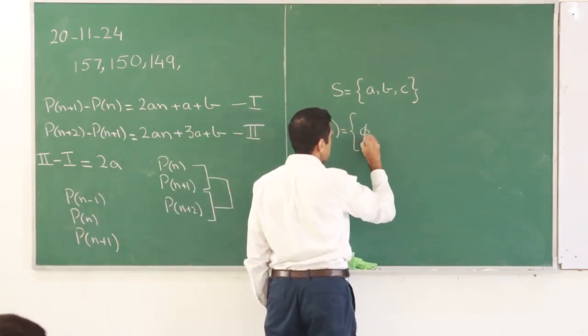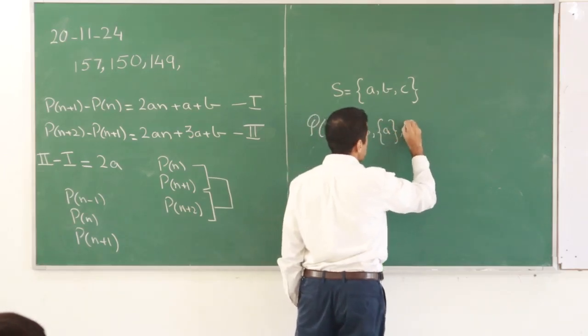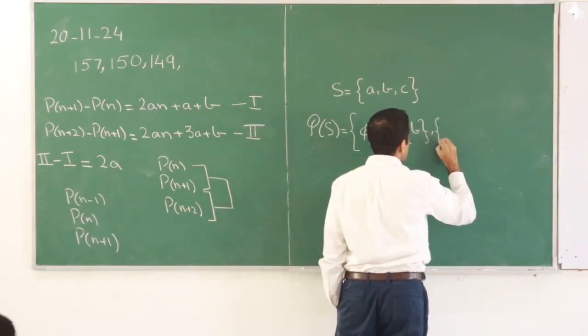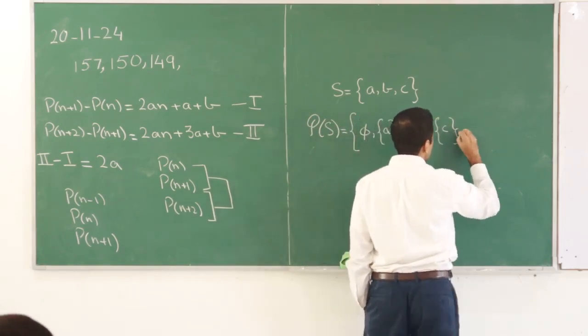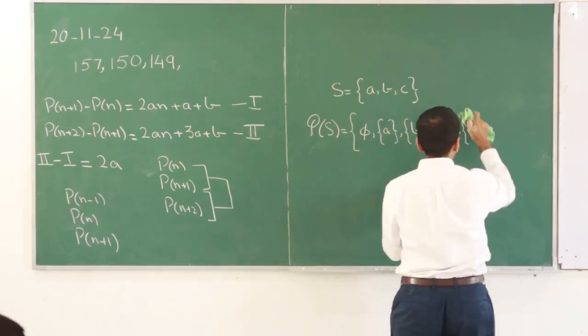So this is the empty set. The set A, the set B, C. Then you will have A, let me go down, go to space only.